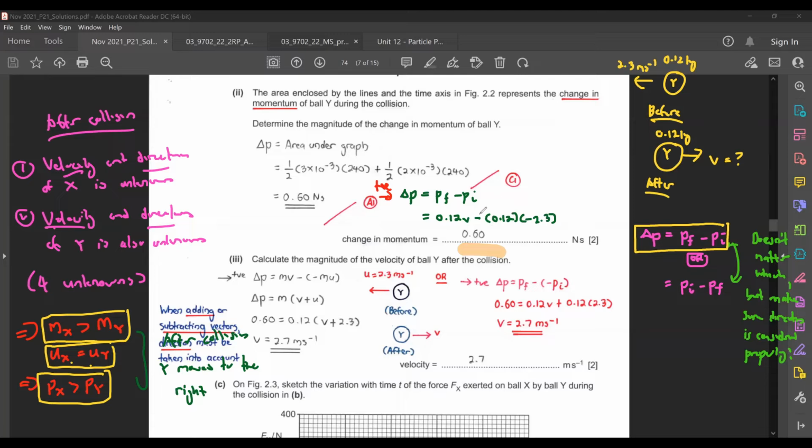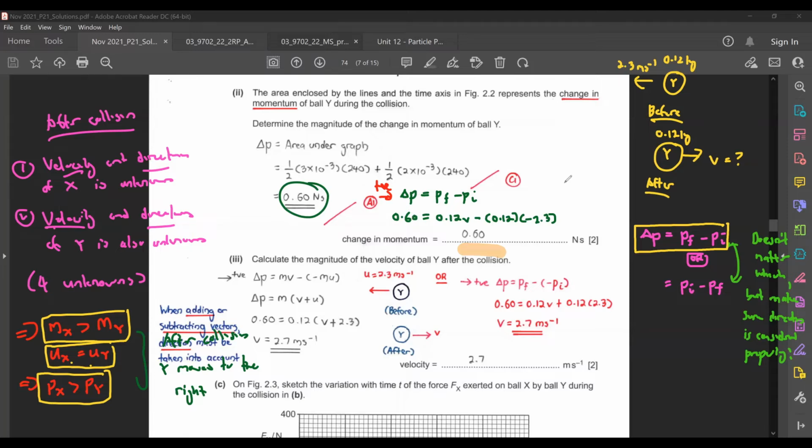Because this one is negative and this one is negative, you eventually get to the conclusion that they're actually going to end up being positive here. So you found out your change in momentum as 0.6.